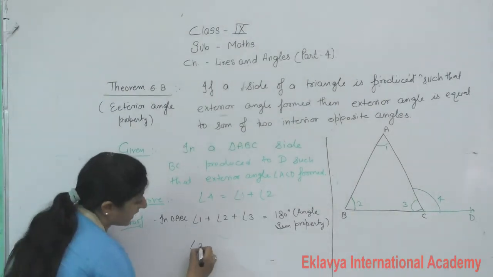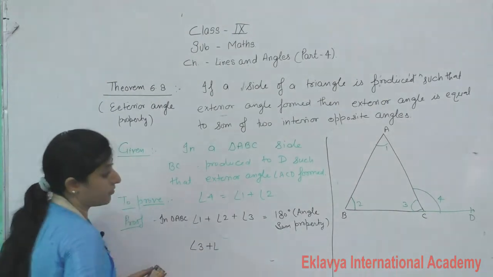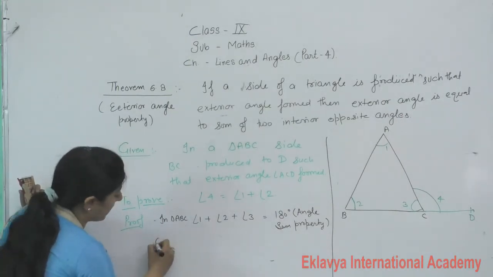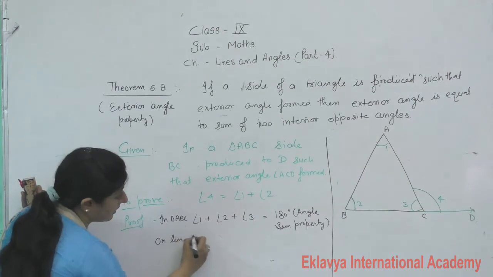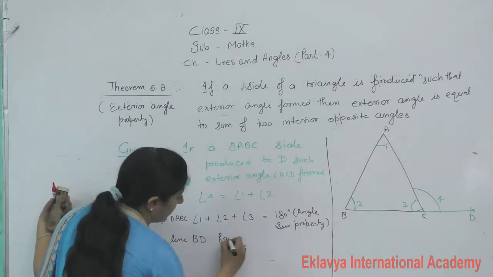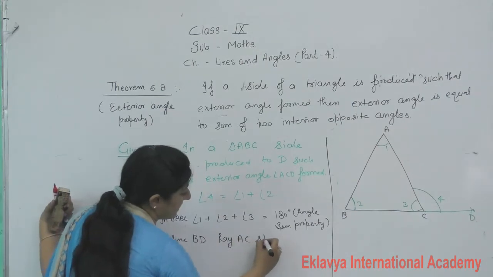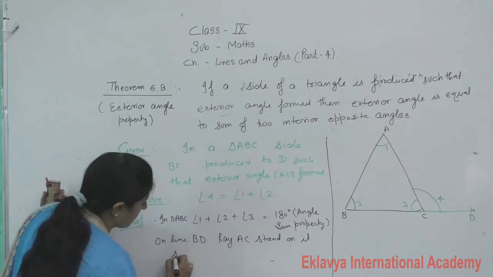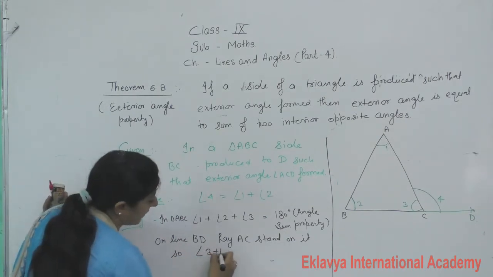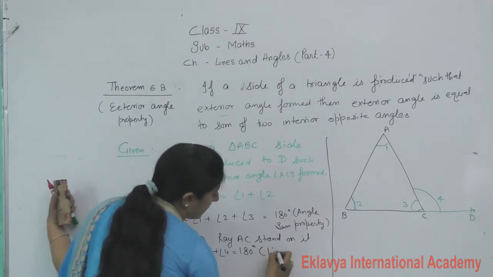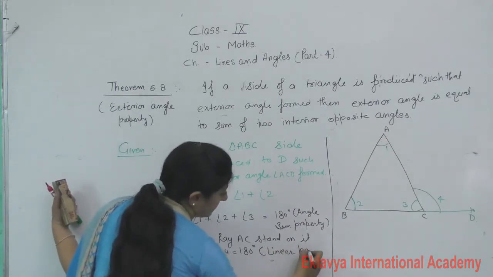You can also write angle 3 plus 4: on line BD, ray AC stands on it. So angle 3 plus 4 is equal to 180 degree, linear pair.